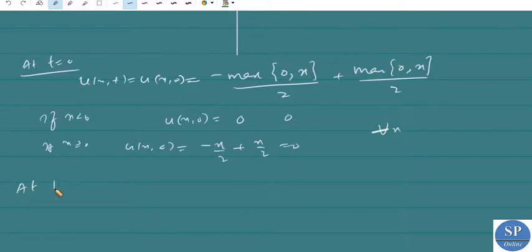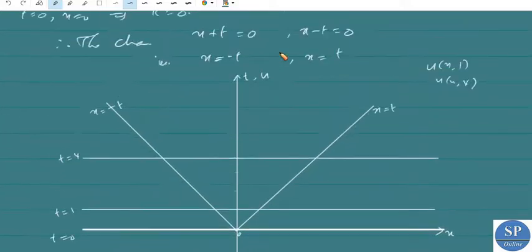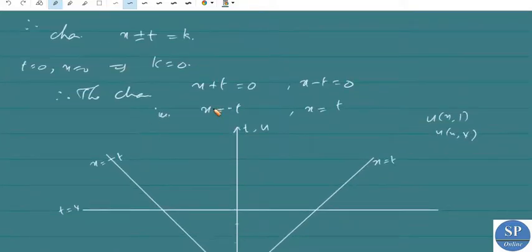Now we have the time t equal to t1, which is equal to 1. The forward wave is actually x minus 1 and the backward wave is x plus 1. So the forward wave is moved to the right by 1 unit, and the backward wave is moved to the left by 1 unit.